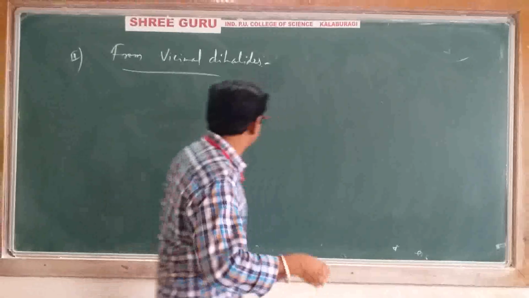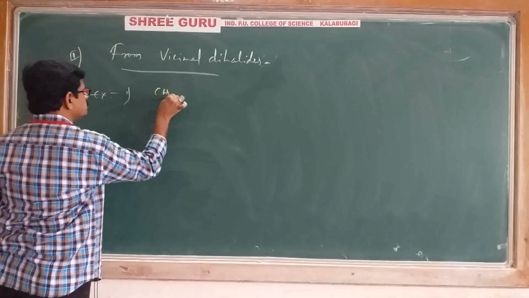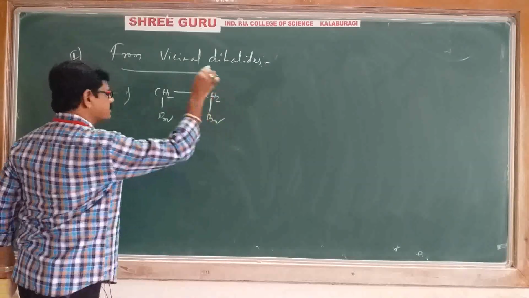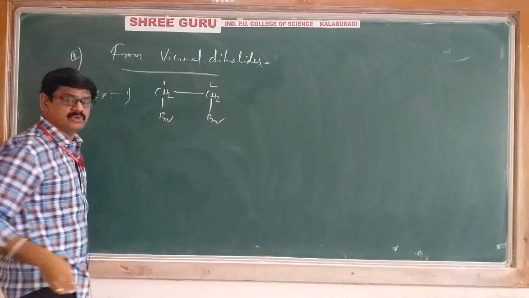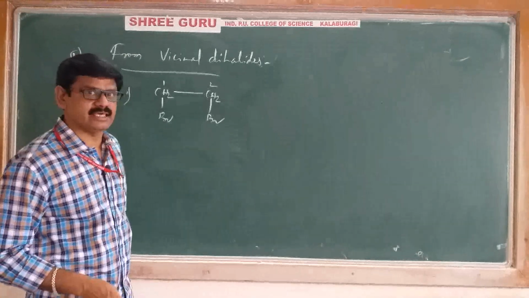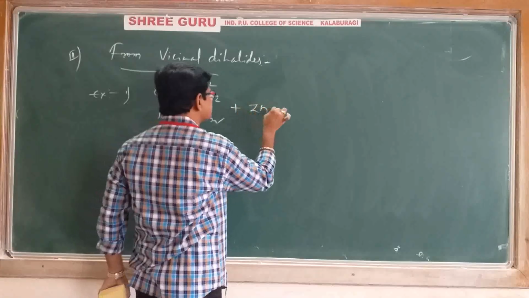I'll take one example. CH2Br single bond CH2Br. Its IUPAC name is 1,2-dibromoethane. This compound is reacting with zinc metal.